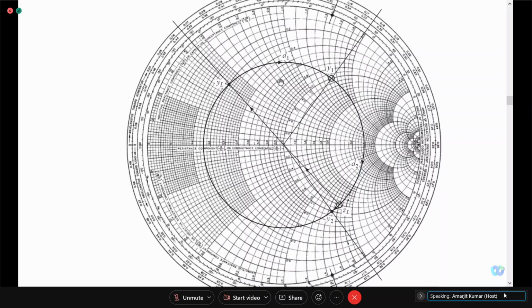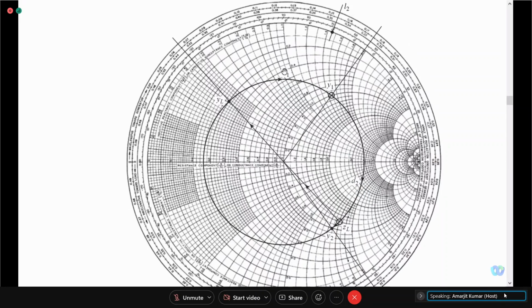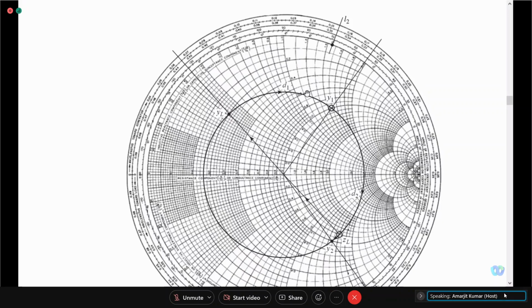And d1, now the question is, how to find d1? It's very easy, find d1 on the Smith chart. If I zoom in, what you are seeing here: 1.2, 1.4, 1.6, 1.8, 2.0. This distance is 0.17, 0.18, because we are interested in distance on the outer chart, WTG, wavelength towards generator.